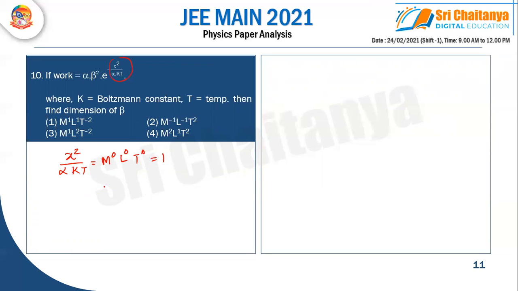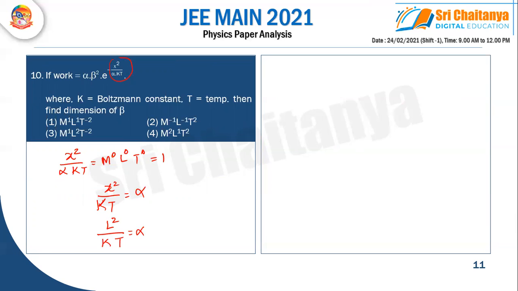This means that x square by kt is equal to alpha. So x will be the distance, and this will have L square by K, and T is the temperature, is alpha.